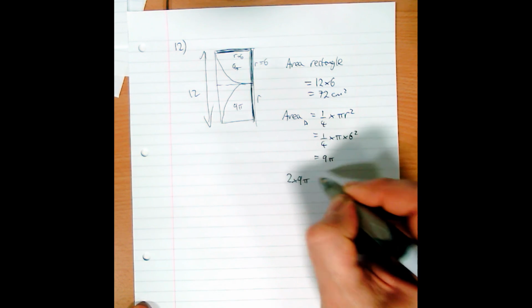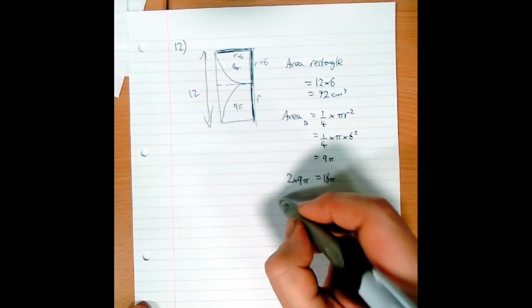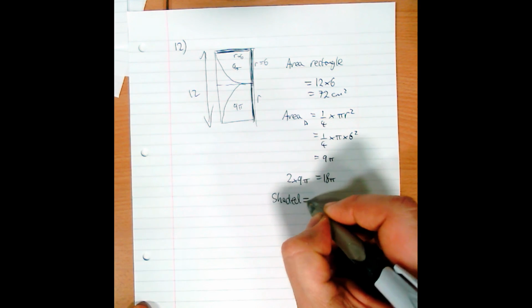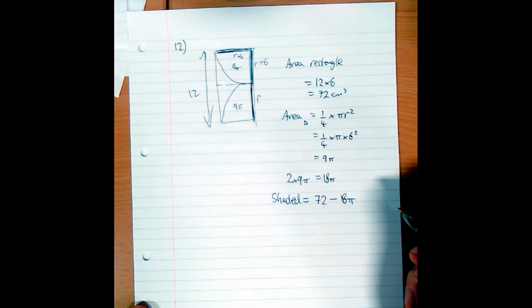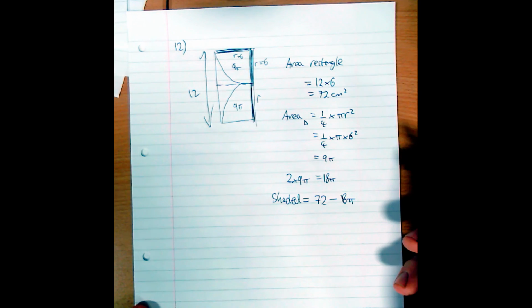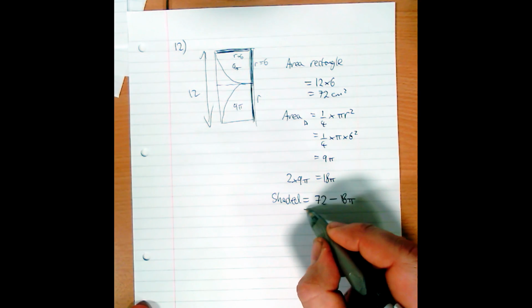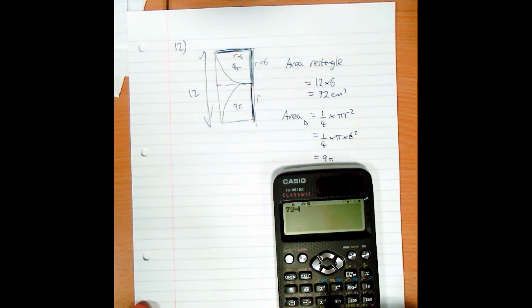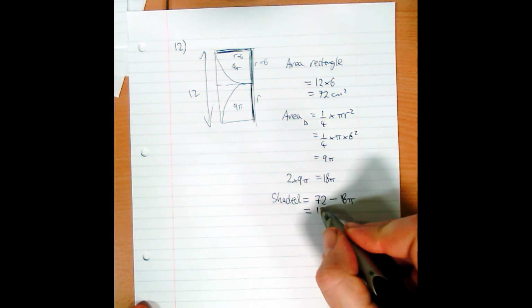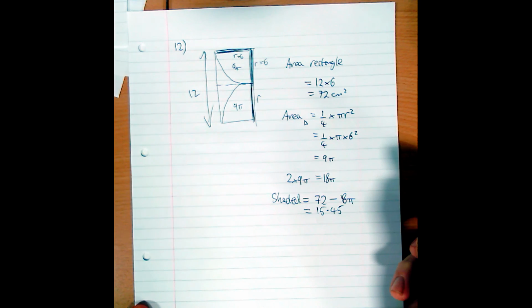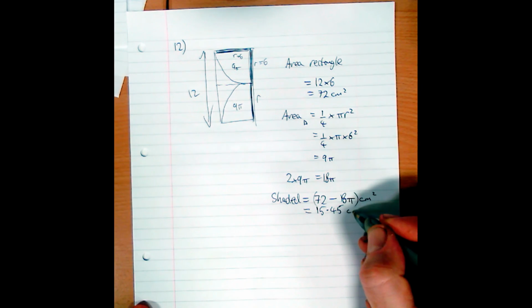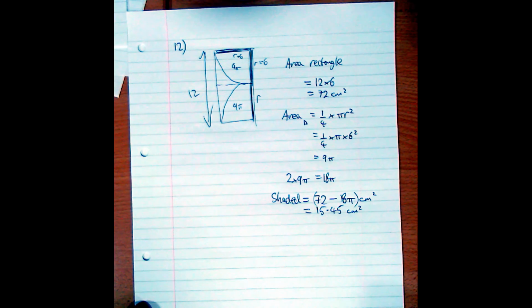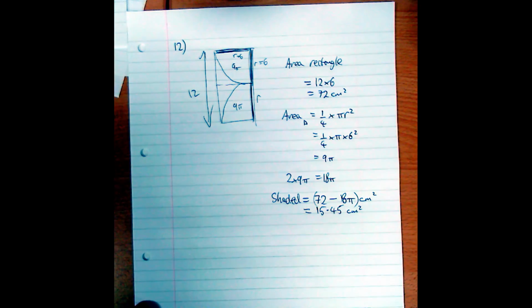So two lots of them is 18 pi. So the shaded area is the whole rectangle, take away 18 pi. Now if this was a non-calculator question, I'd leave it like that. If it was a calculator question, I'd type that in and give it to 2 decimal places. 15.45. And everything's in centimetres, so it's centimetres squared. That's it. Done. Hope you liked it.